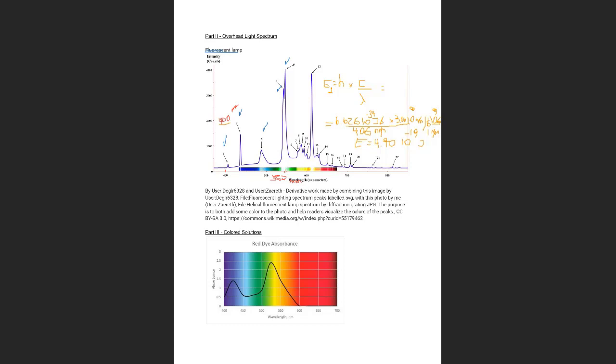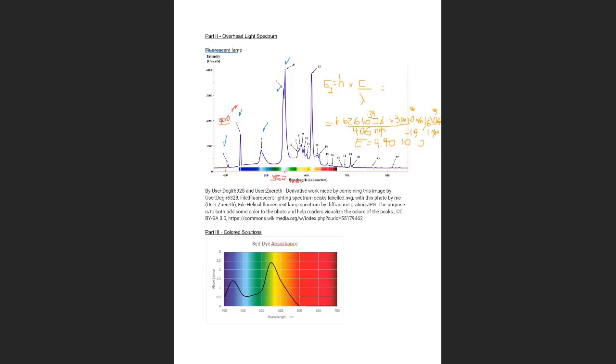And the same way you will have to do for the 5 peaks. So you will repeat this in part 2. And then in part 3, all you have to do is, these are absorbance spectra of different dye colors.